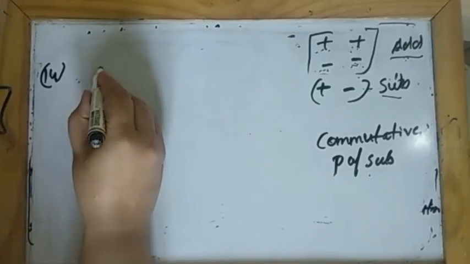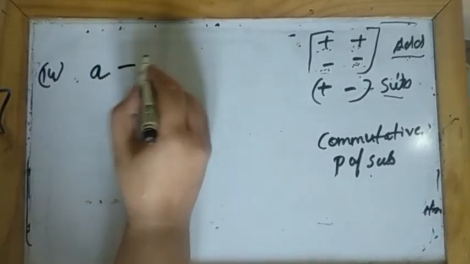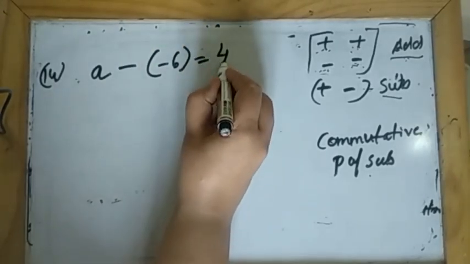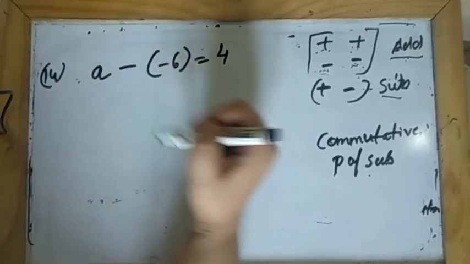They are saying the difference, which means subtraction, of an integer a and minus 6 is 4. So find the value of a.